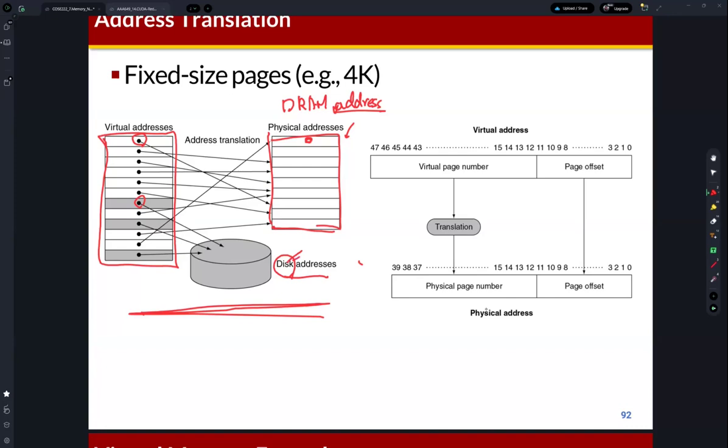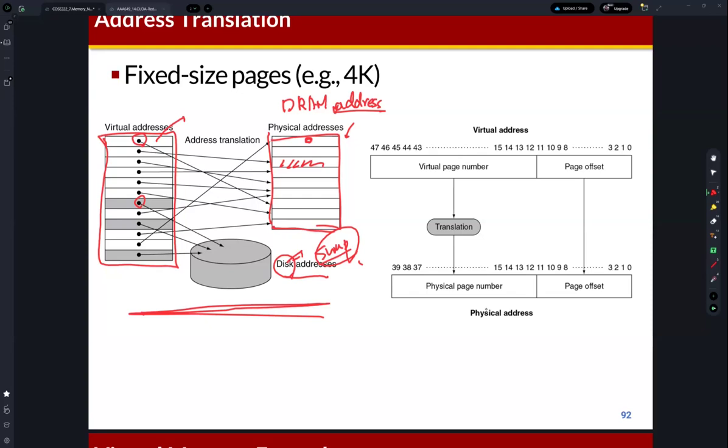So this is actually the swap space in a disk, the hard disk drives or the solid state drives, right? So this address needs to be translated into some physical address in real memory, right?